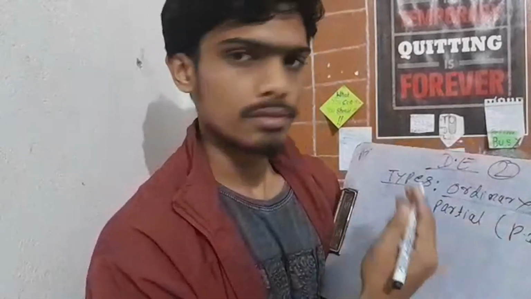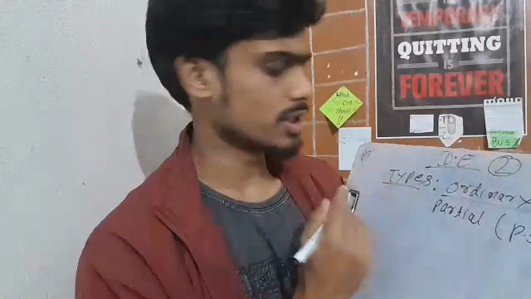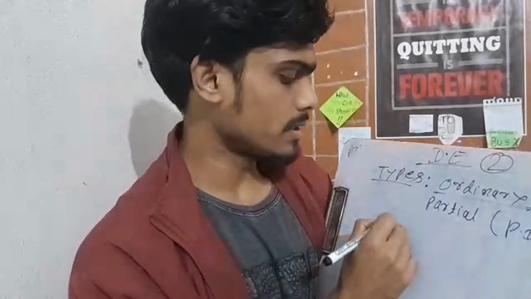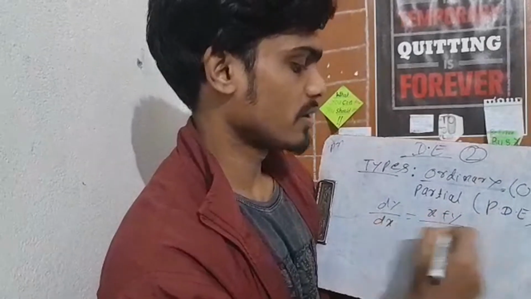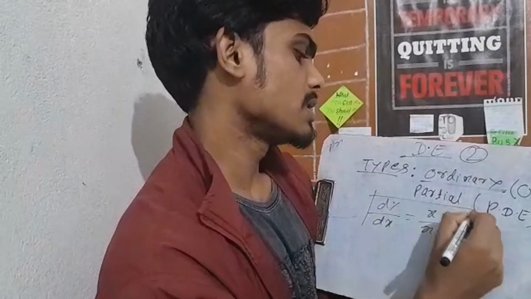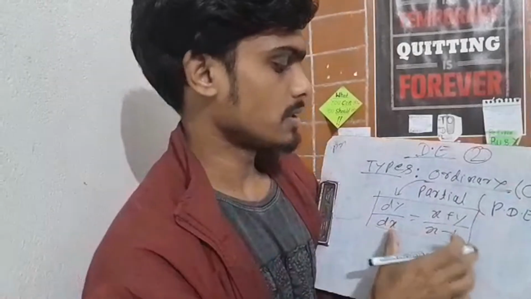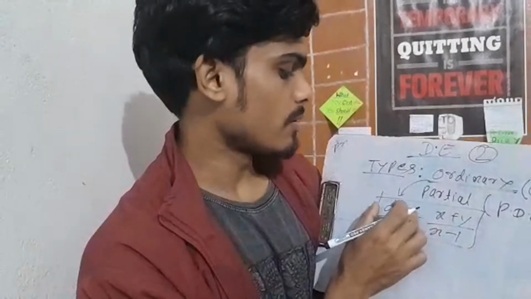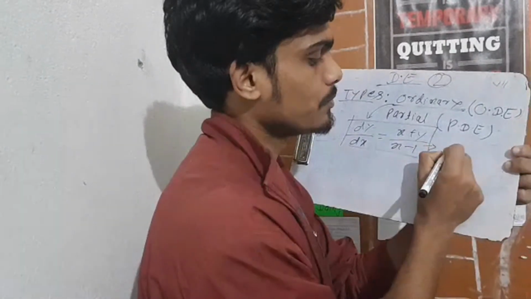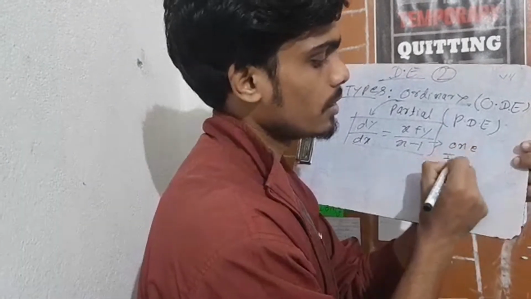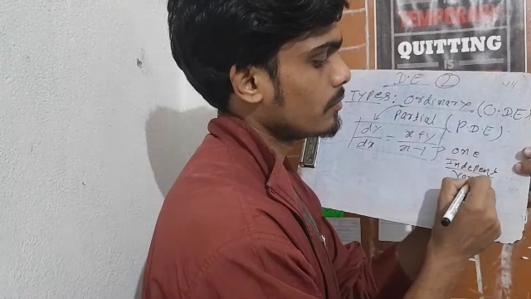Ordinary is similar to a simple differential equation, when we write dy by dx format, like x plus y, any function. This is called the ordinary or normal format, ODE. It is in the form of dy by dx. It only contains one independent variable.